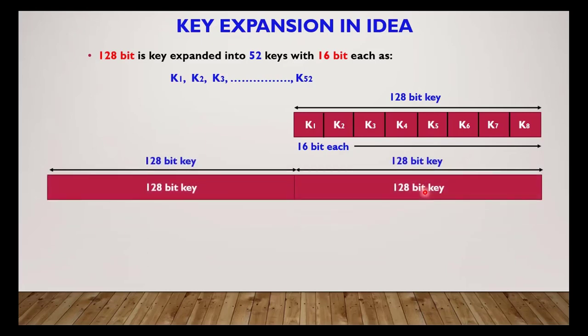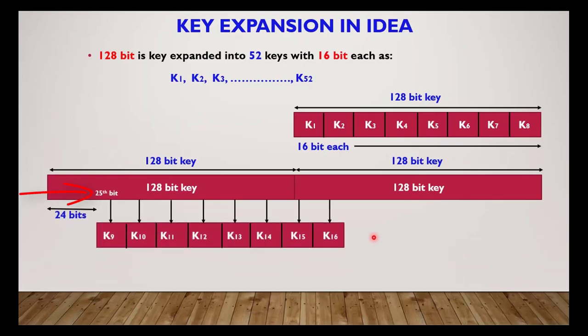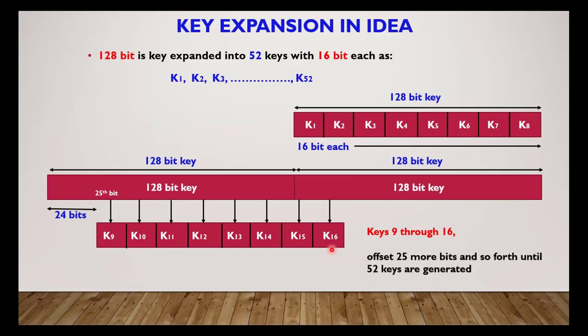The original key will be wrapped around again. You will have keys 9 to 16, and for the other keys you have to offset 25 more bits and so forth until you generate the 52 keys. This is how the key generation works in the IDEA algorithm.